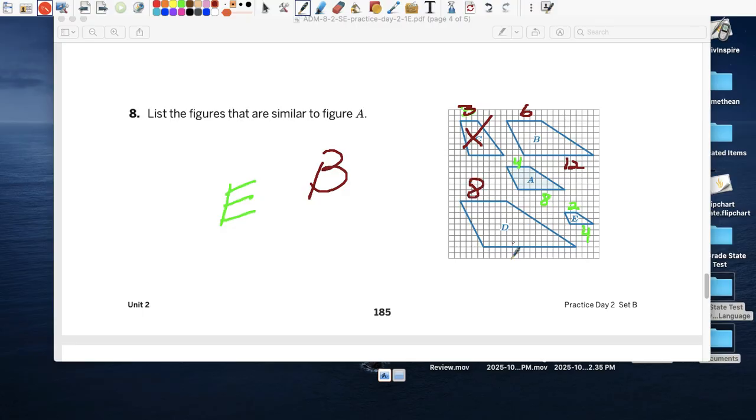So that's an 8. So if just the bottom one is 16, we're good. Shape looks the same. 1, 2, 3, 4, 5, 6, 7, 8, 9, 10, 11, 12, 13, 14. It's 16. Look at that. So what's the scale factor here? Times 2, times 2. So E, B, and D are similar to figure A. All right, that's it.